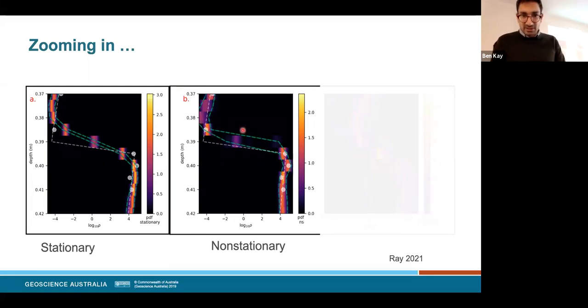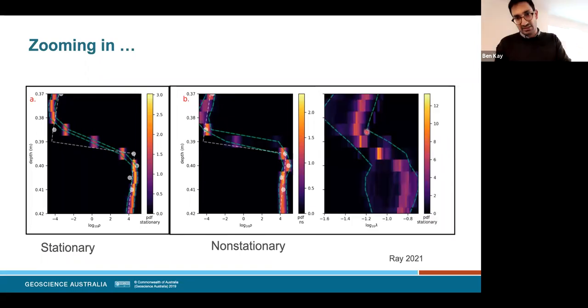The high probability areas are actually able to encompass the data as well as be closer to the true value than in the stationary case. And this happens because if you zoom in, the length scales also become shorter at about 0.4 when you use the non-stationary formulation.